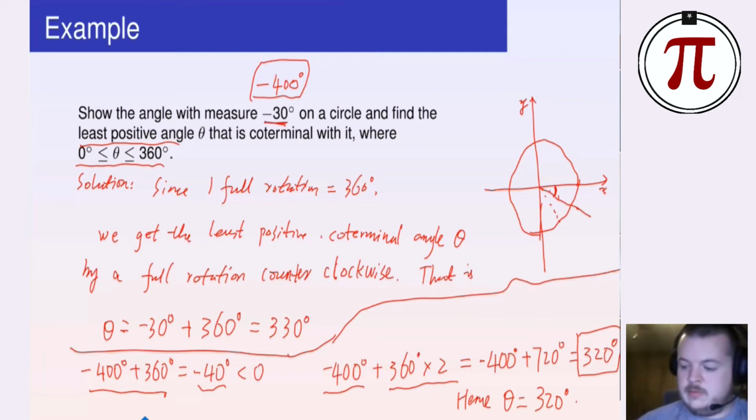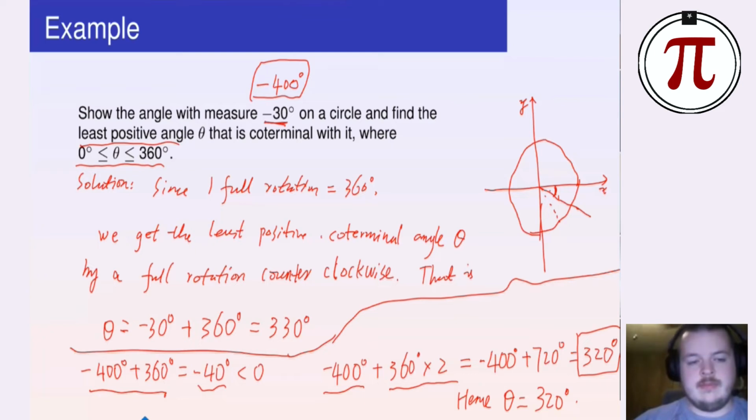Does that make sense? If one rotation is not enough, go for another one. If it is still not enough, another one. We continue doing this until you get the first positive angle.